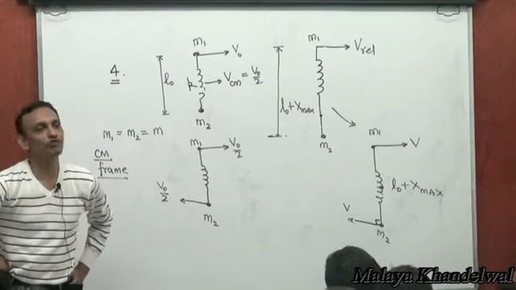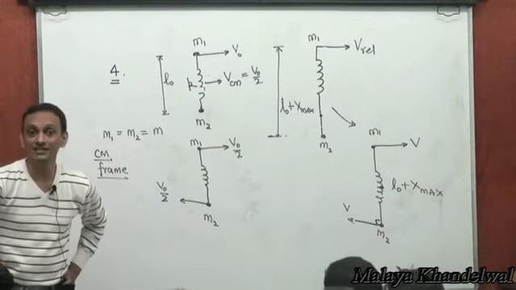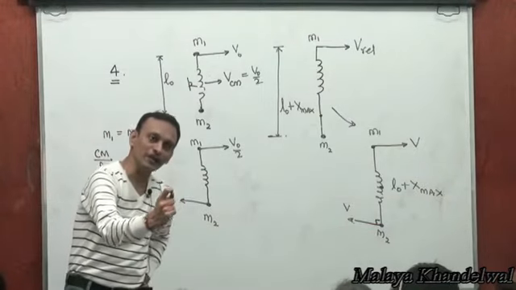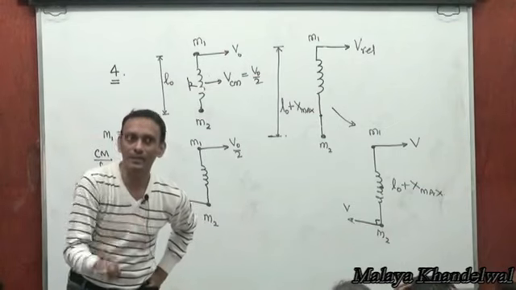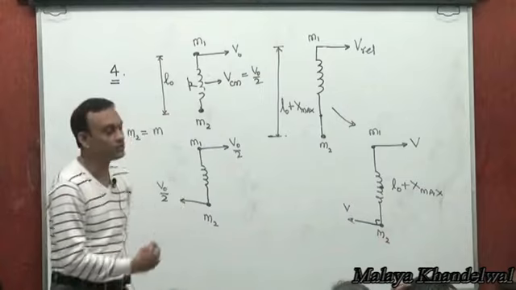The only force is the spring force. It passes through the center of mass, produces no torque about the center of mass. So, in the center of mass frame, I can preserve the angular momentum about the center of mass. Angular momentum about the center of mass, yes or no? Yes, right?